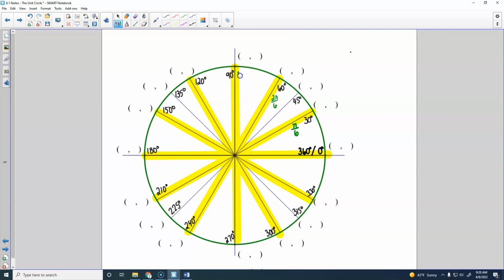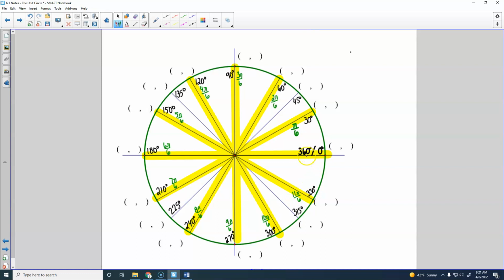Then I would have 3 pi over 6, 4 pi over 6, 5 pi over 6, 6 pi over 6, 7 pi over 6, 8 pi over 6, 9 pi over 6, 10 pi over 6, 11 pi over 6.